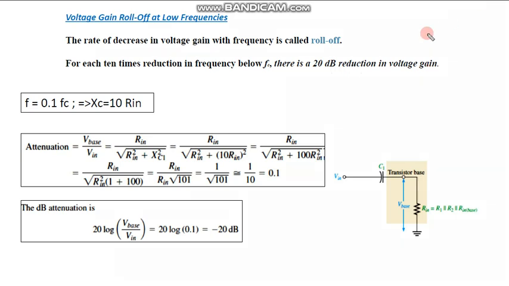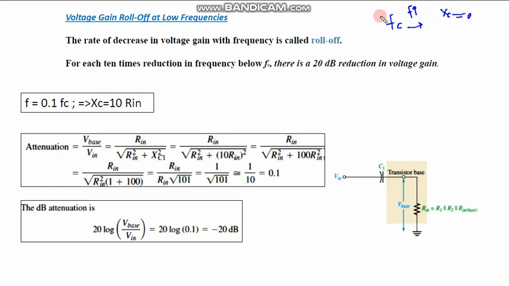Now the rule says that if you have a cutoff frequency, and the frequency increases and goes beyond Fc, then Xc can be assumed to be equal to 0.